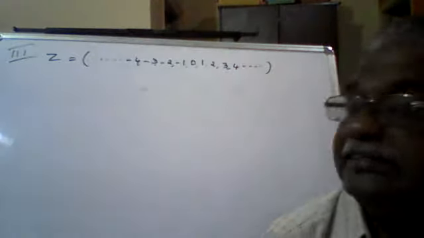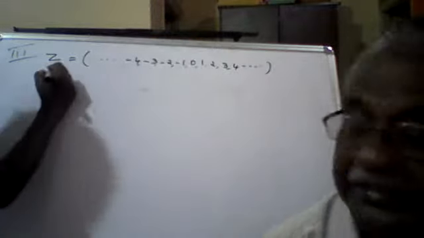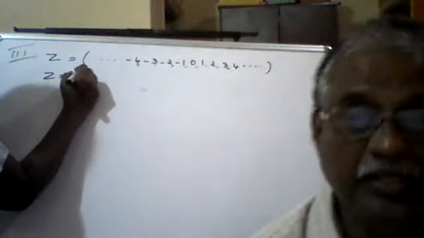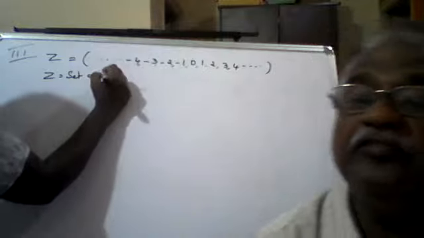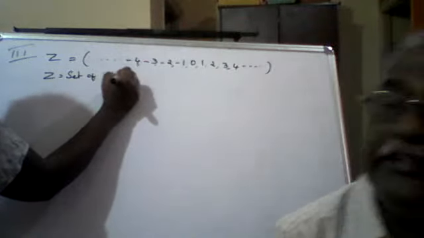This is called the set of integers, Z. This is the third thing. The first one is called natural numbers.